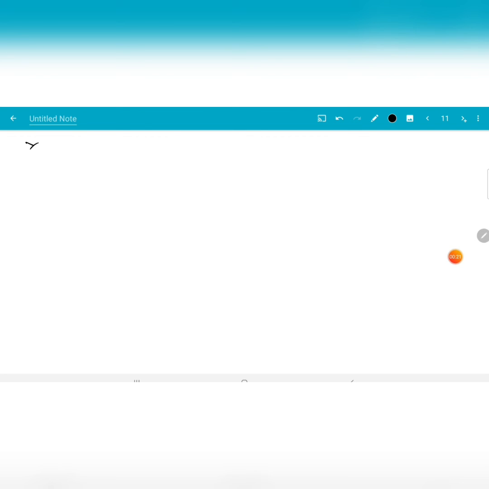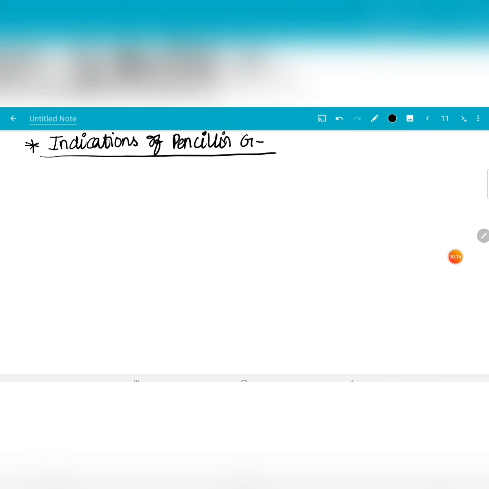Now the main thing is where we can give penicillin G and what are the indications of penicillin G. The first line uses of penicillin G, in which bacteria or disease, have the mnemonic LAST MAN.